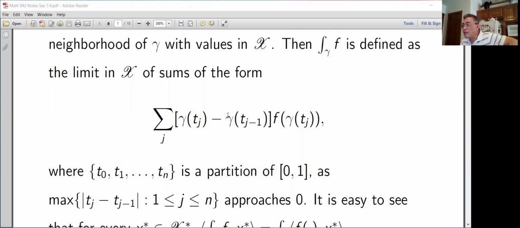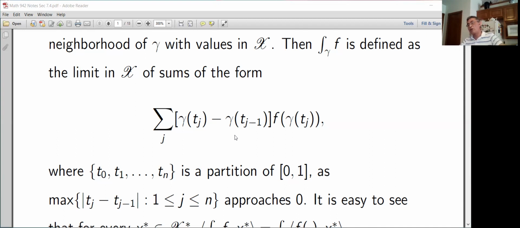This is exactly the same as the integral for scalar functions. And the existence and the uniqueness of this limit, the proof of the existence of the limit is the same as in the scalar case.